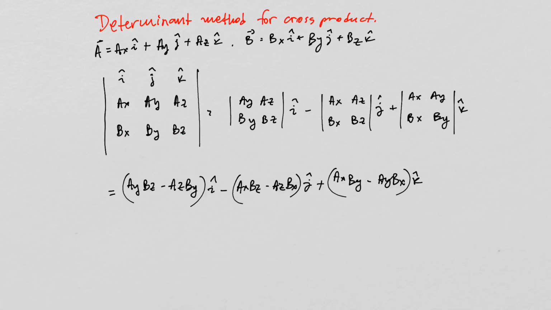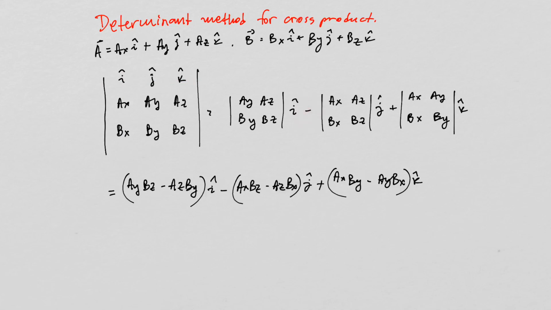So if I cross out the first element on the first row, so that is i hat, what's left is this block here. So that is my 2 by 2 determinant, which I'm going to multiply by i hat. Then for the second term, I have a minus sign.